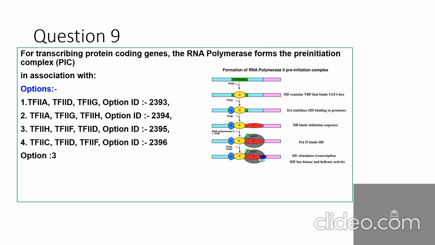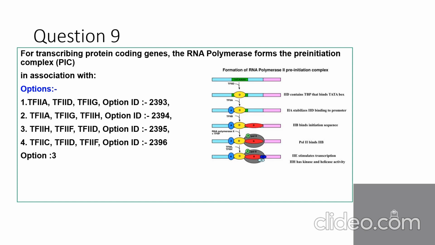And question number 9, last but not the least: for transcribing protein coding genes, RNA polymerase forms the pre-initiation complex. So before transcribing, it needs some kind of complex. So what is that complex? Here the mechanism is there.